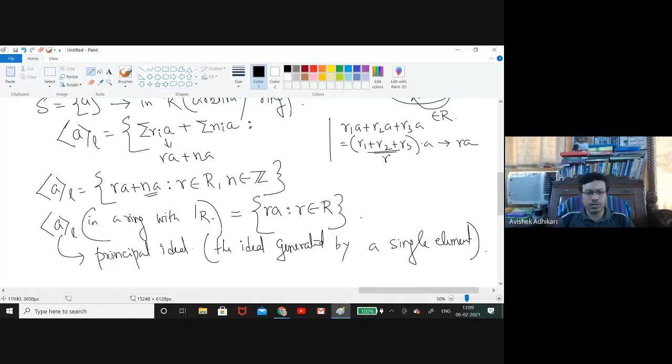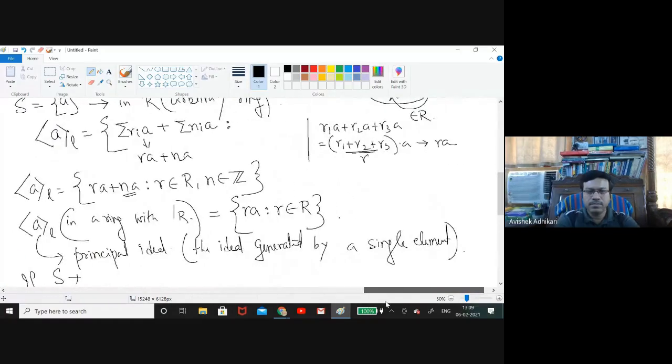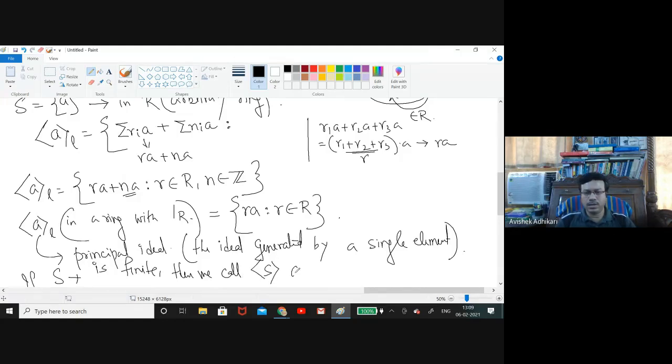Okay, so if S is finite, then we call S a finitely generated ideal.